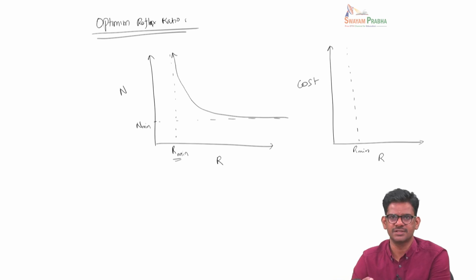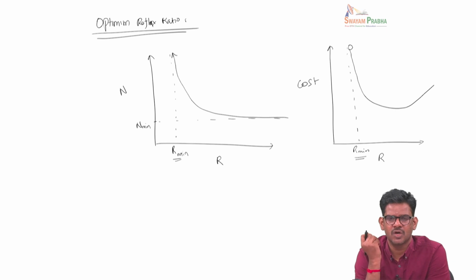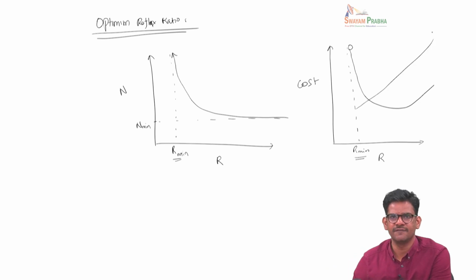The fixed cost or the capital cost typically goes something like this, where when R is R minimum, the number of stages is infinite, so the cost involved in setting up a very large column will also be very high, and as we increase the reflux ratio, the cost comes down, reaches a minimum and then goes up. Whereas the operating cost, which means the cost involved in heating, cooling requirements and utility, steadily increases with reflux ratio.